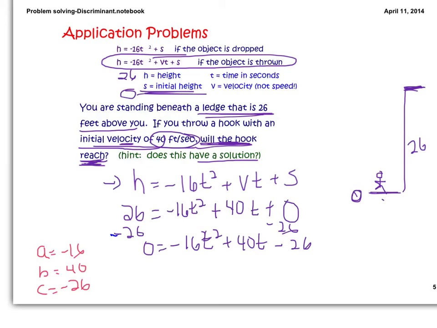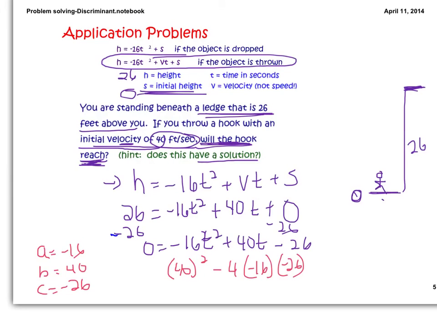And then because we just want to know if it will work or not, you need to plug it into just the discriminant. So b squared minus 4ac. So b is 40, c is negative 26, a is negative 16.